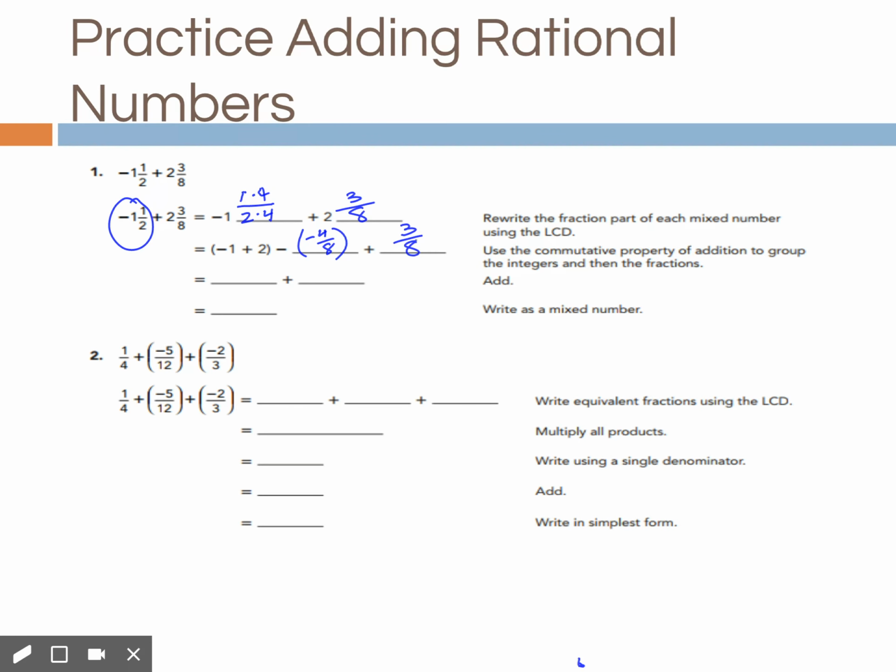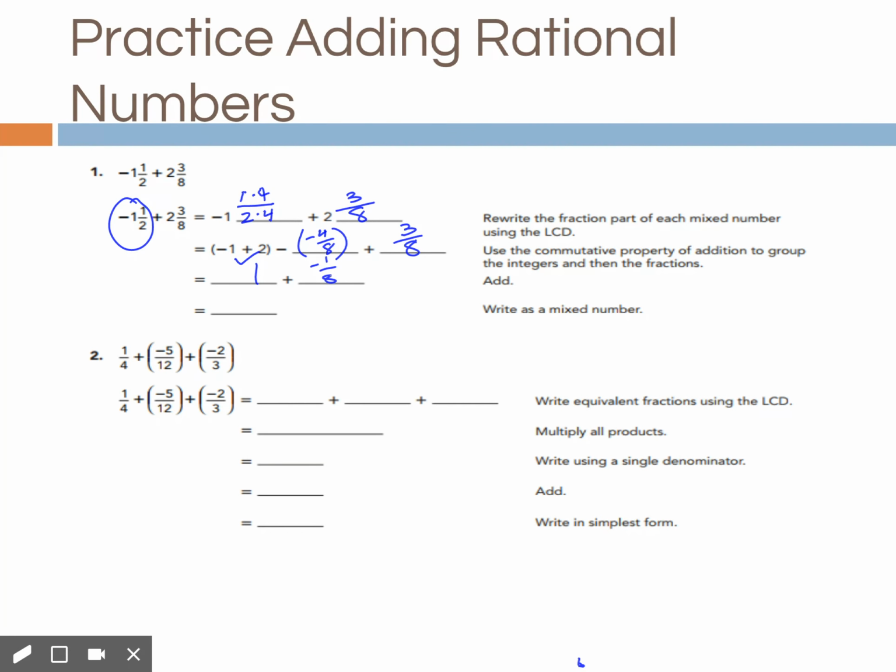So first I'm going to add my whole numbers. Negative 1 plus 2 is just a positive 1. And then a negative 4/8 plus a positive 3/8 is a negative 1/8.